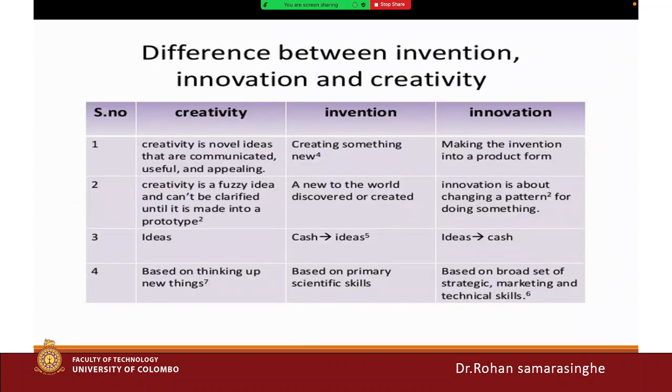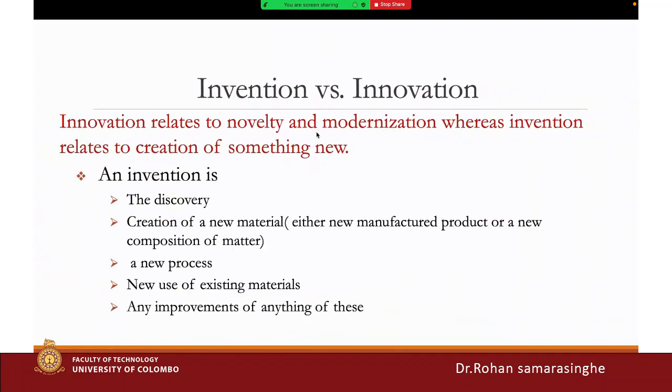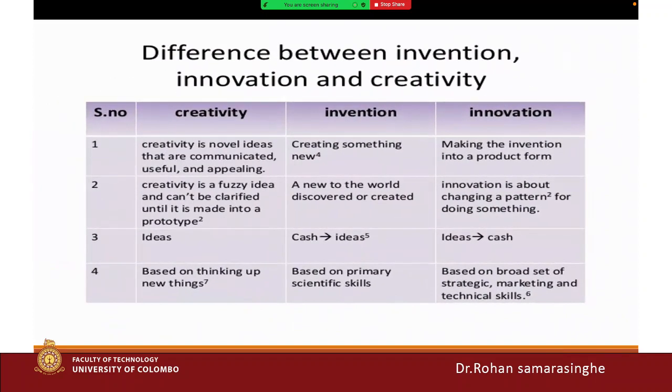The difference between these three: creativity, innovation and invention. Sometimes you might think that those are very similar, but when you consider, there are some slight differences. Creativity is novel ideas that are communicated, useful and appealing. But invention is creating something new.